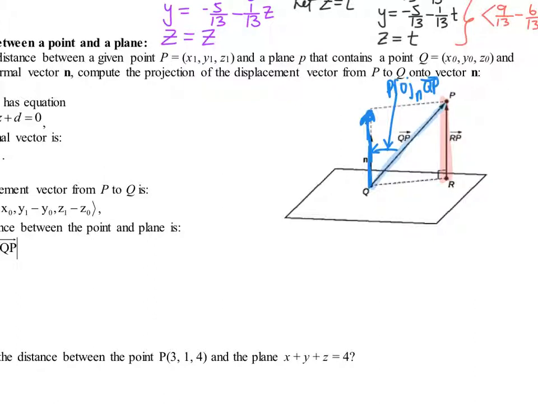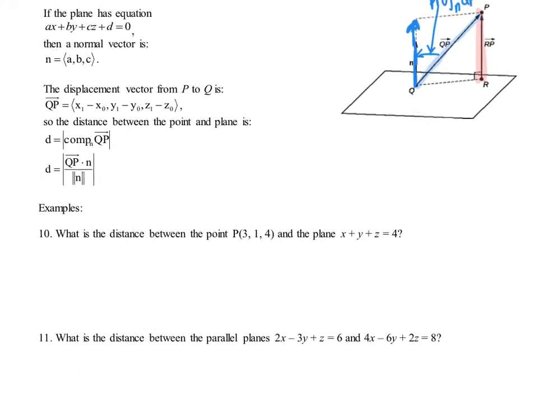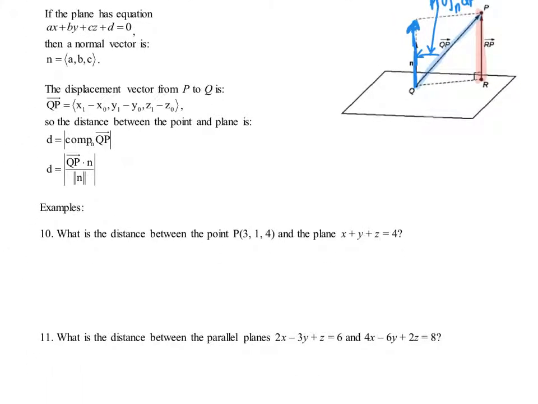But that leads us to this idea, the component of QP in the direction of n, which in turn simplifies to this formula. And that's where the proof will come into play, because we went over how to derive the component form of a vector last unit, but it's not fresh.